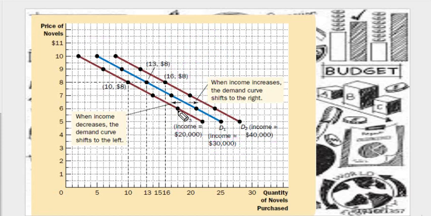So income effect essentially means that if the income of people increases, they'll be demanding the same commodity at the same price, more in quantity. That makes sense? Let's say you buy 3 shirts in a month.